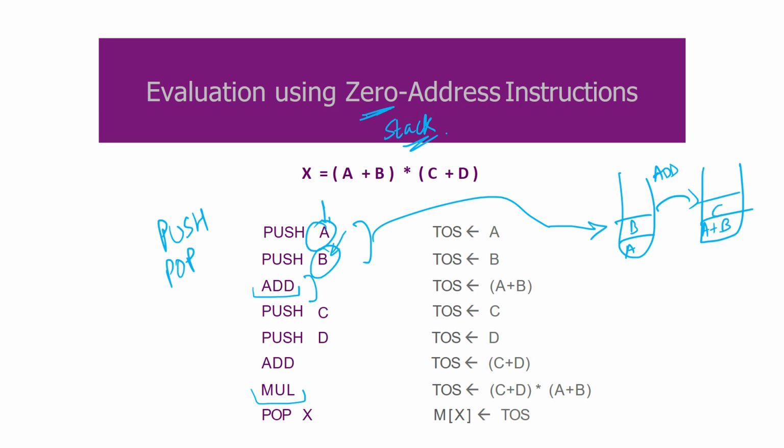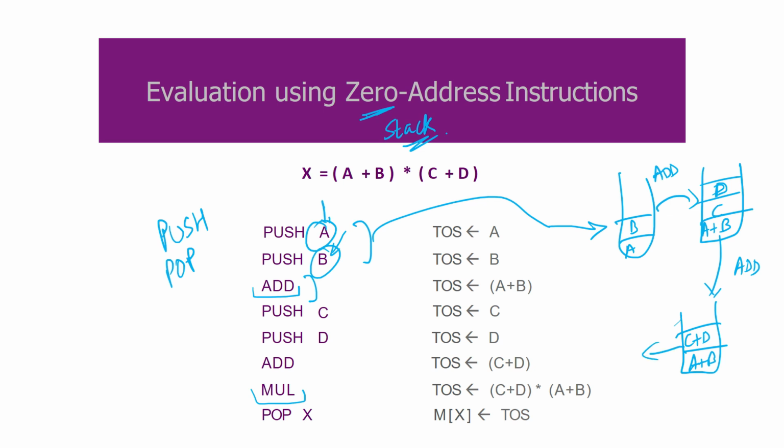Push C, push D, again add. So when again add happens, what happens? A plus B, C plus D. Now multiply.